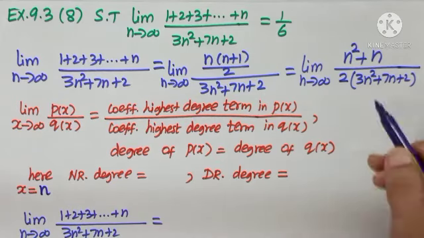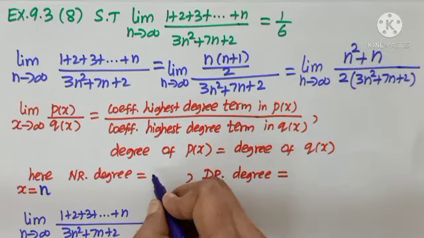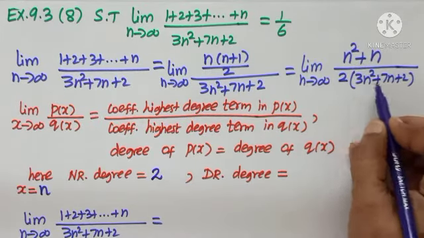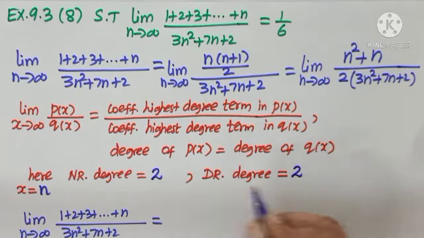So what is the highest degree? Here the highest degree is 2. So the numerator degree is 2. The denominator also, the degree is 2. Whenever the numerator and denominator are of same degree, we just divide the coefficient of the highest degree terms.